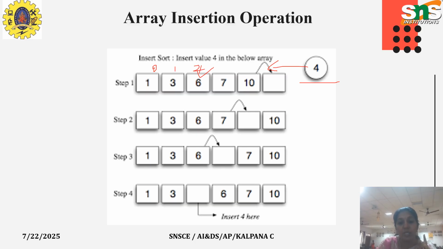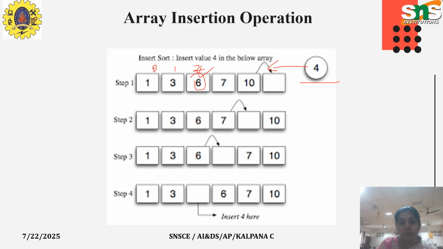For inserting into an array at a specific position in between, you have to right shift the elements, and then create a new empty hole. Then you insert the new data in the created hole. Hole means nothing but the empty space. So we'll see how it happens.